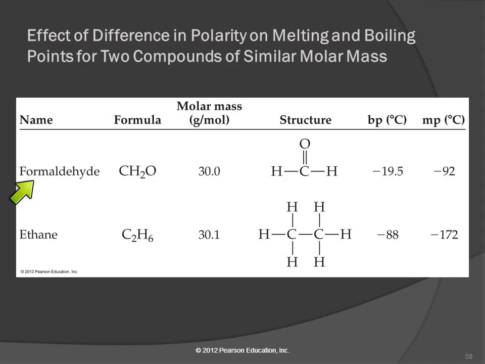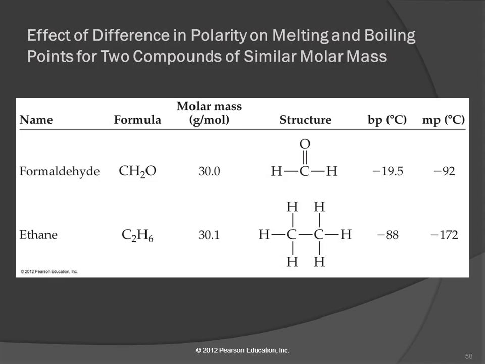If we compare formaldehyde with ethane, C2H6, here are their Lewis structures. Does this molecule look polar? Does it look lopsided or does it look nice and symmetrical? It's nice and symmetrical.